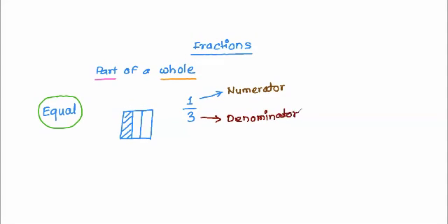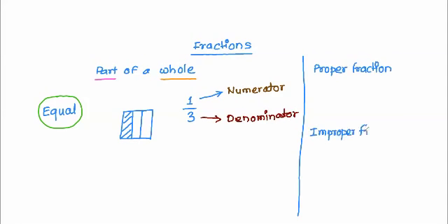Now let's talk about types of fraction. Based on the value of numerator and denominator, we have two types of fraction. One is called proper fraction, and another is called improper fraction.